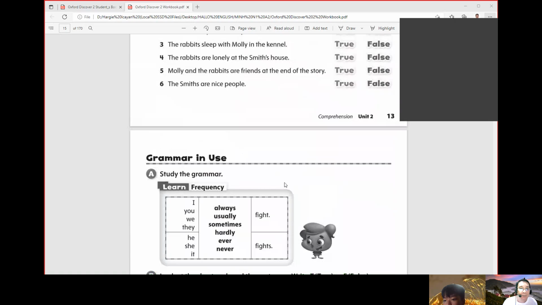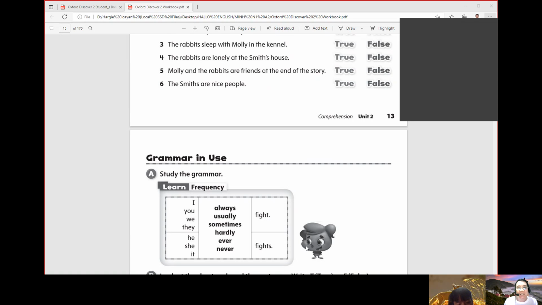Last time we were able to tackle the grammar in use. We learned about frequency. When we are talking of frequency, it's the adverb of frequency.